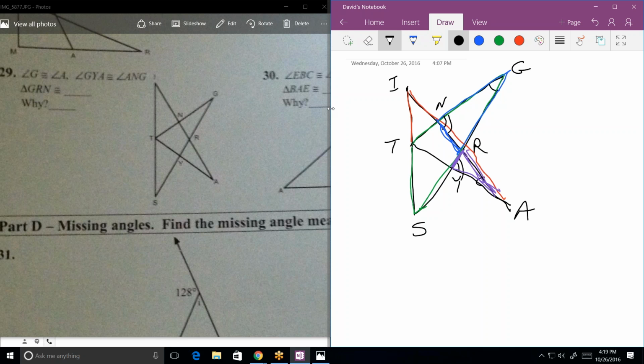And once we do that, then we'll know that, well, let's see. One of the sides of those other triangles has to be one of the sides of these two triangles. I don't see it.